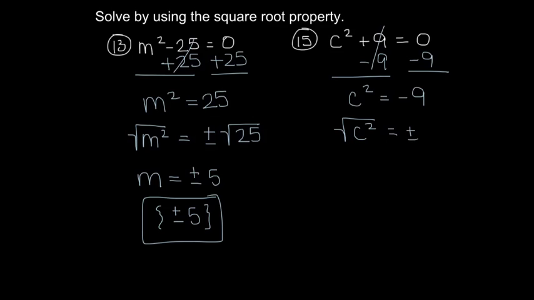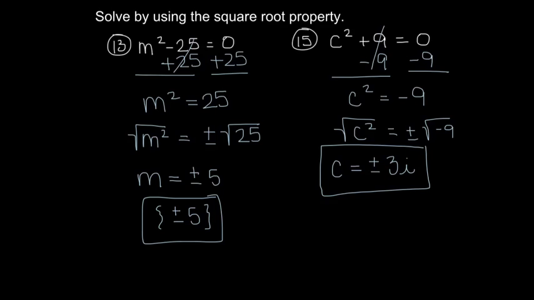C equals plus or minus the square root of negative 9. Since I have the square root of a negative number this time, I have to remember to include the imaginary unit. So this gives me c equals plus or minus 3i.